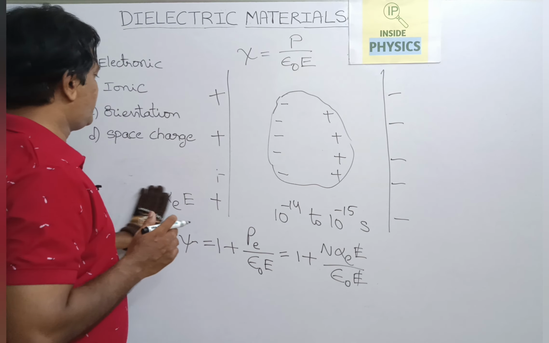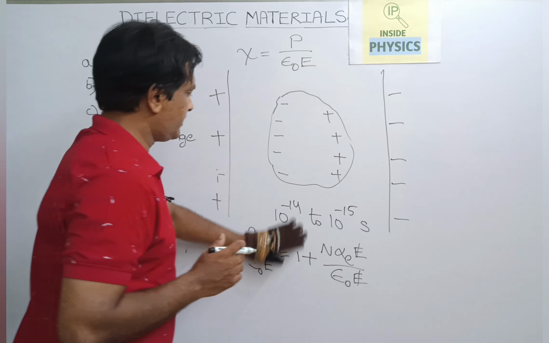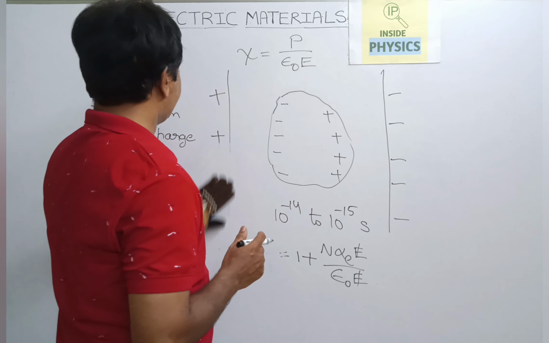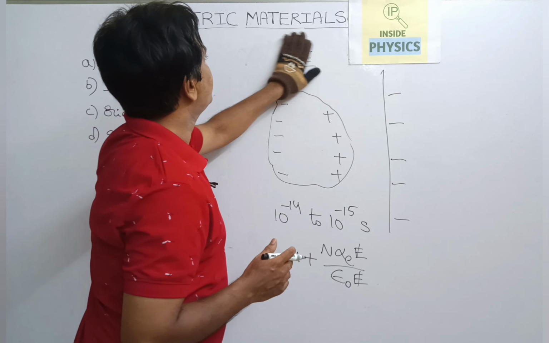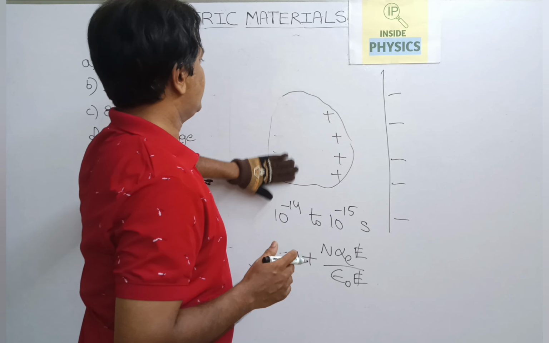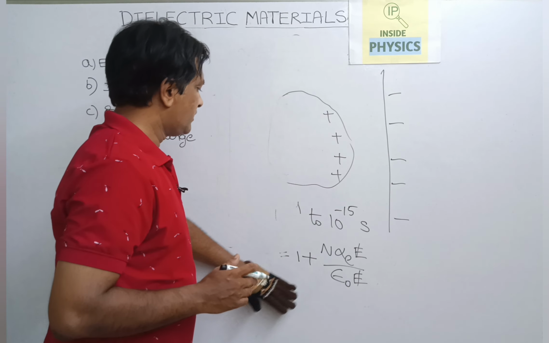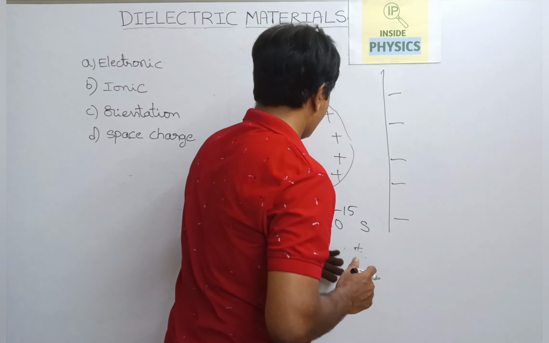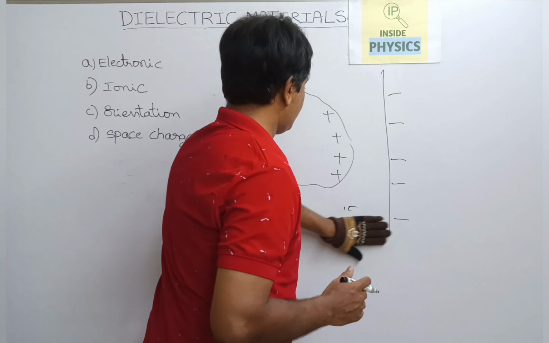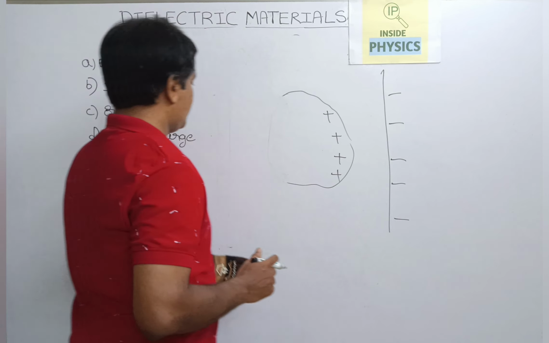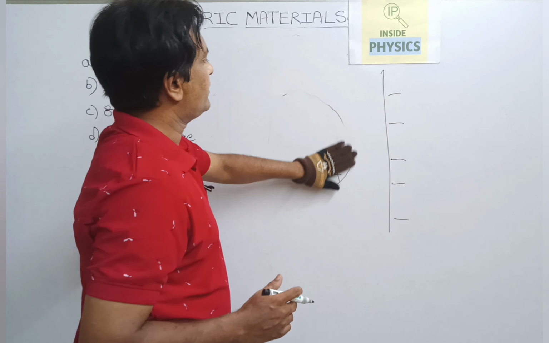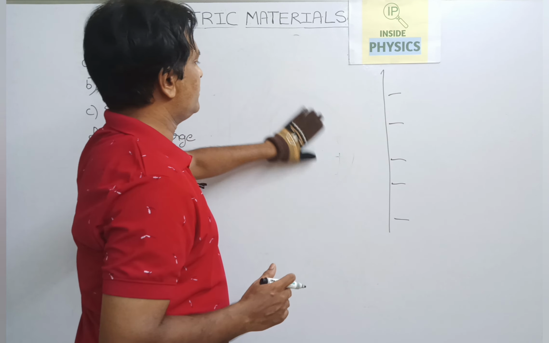What is ionic polarization? That happens in ionic crystals. The term itself says ionic polarization, so you can easily assume that the polarization is because of ions. Ions are generally found in ionic crystals and in electrolytic solutions.